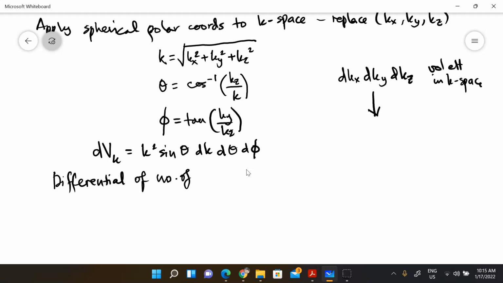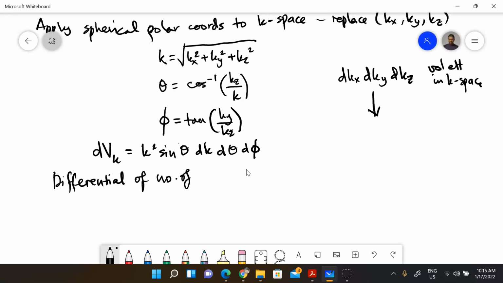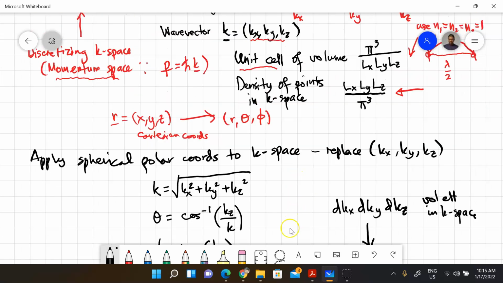Now, why we started off with this was to refer back to this single particle states.